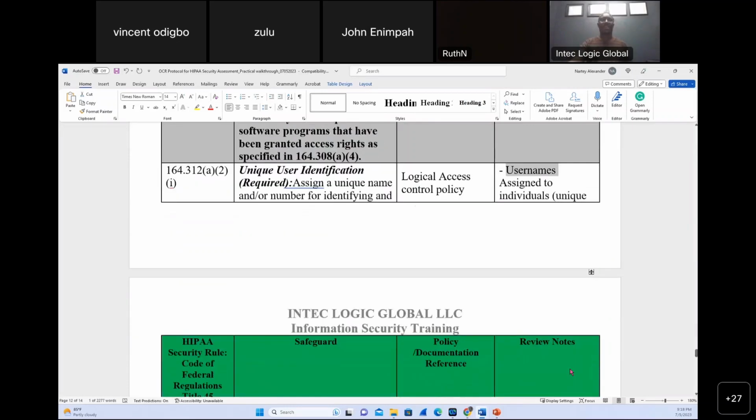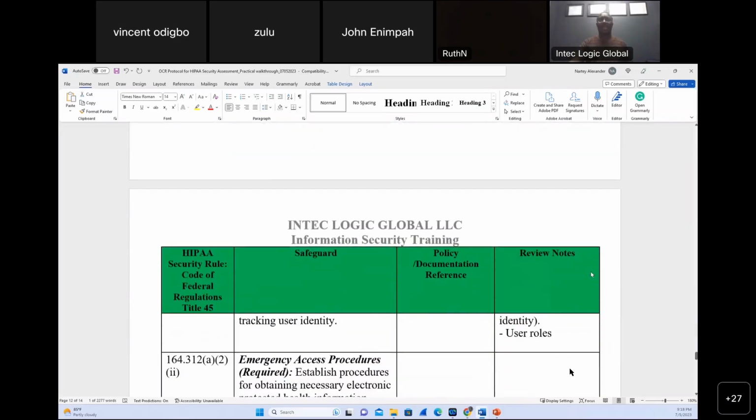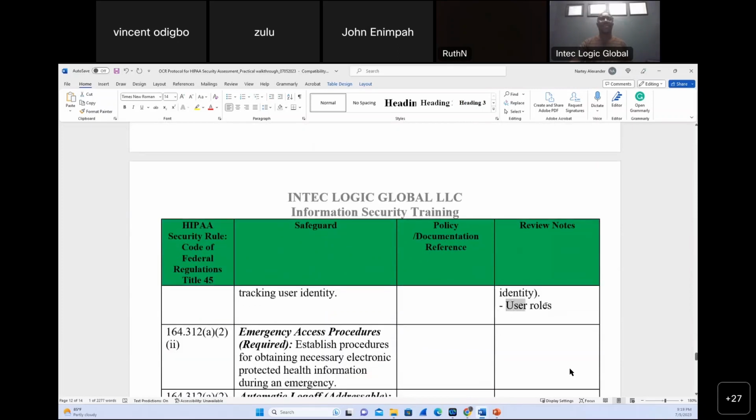Everybody must have a unique username and a unique identity, and they must have a user role, right?